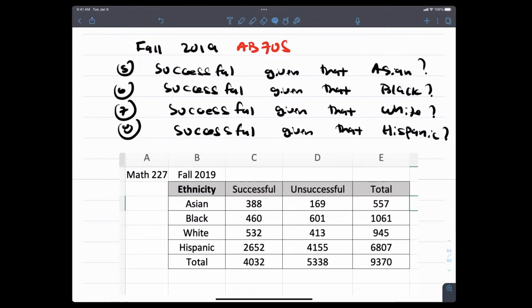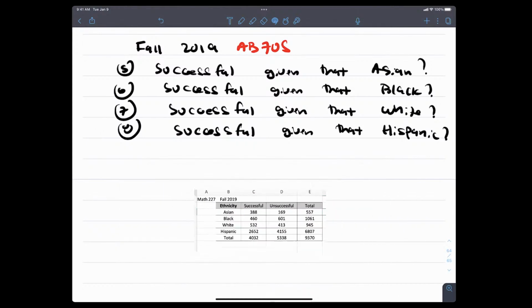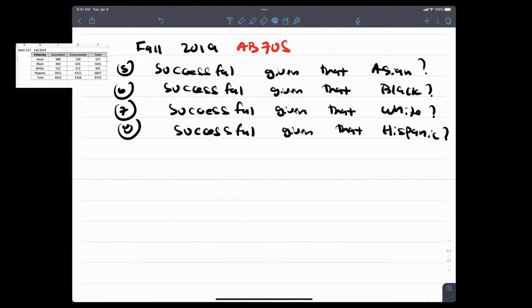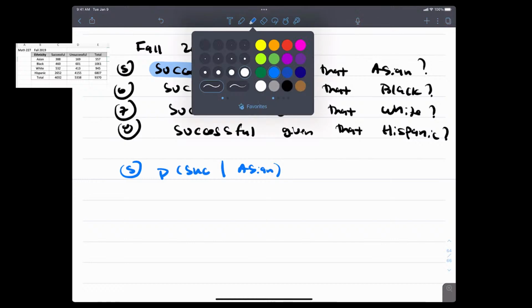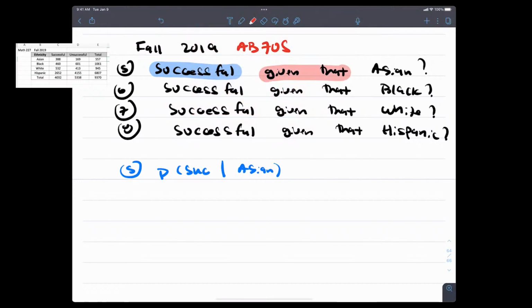Okay, ladies and gentlemen, let's take a look at this here. Let's see if you guys are able to get some correct answers here. Let's see if you guys can apply the definition. Now, number 5, probability you are successful, given that you are Asian, right? Let's color coordinate all this. Asian.